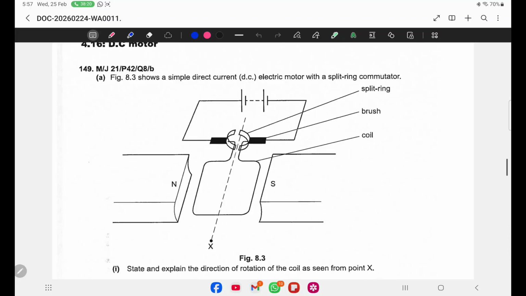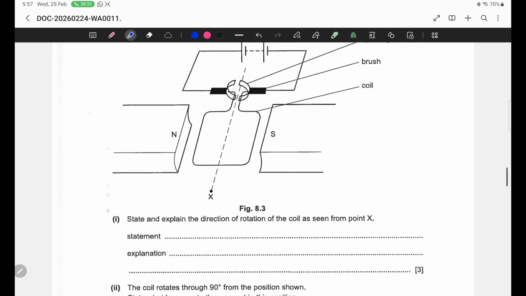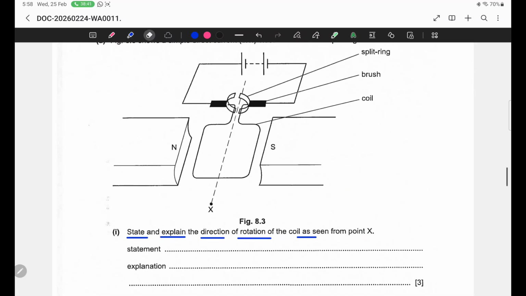We are given names: this is a split ring, this is a carbon brush, this is the coil. So what is the question? The question is: state and explain the direction of rotation of the coil. We have to apply Fleming's left hand rule and then decide in which direction the coil will turn. So let's start.